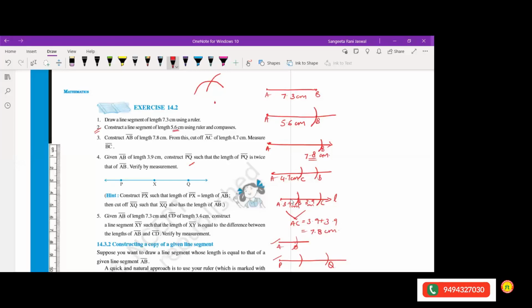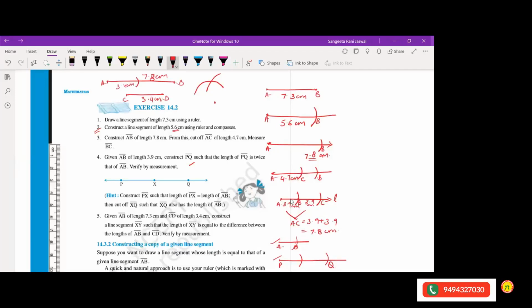Suppose this was your line, 7.3 centimeters. This was AB. And you made another line, CD, of 3.4 centimeters. With your compass, measure this 3.4. Now keep it here and make a 3.4 arc like this on line AB. So that means you get here 3.4, this much is 3.4.